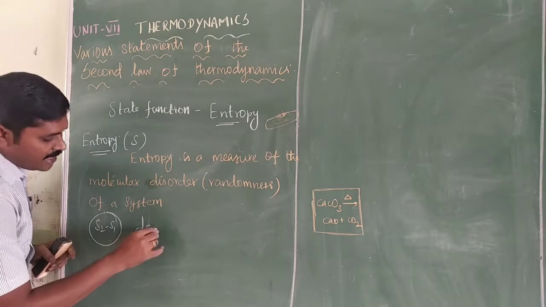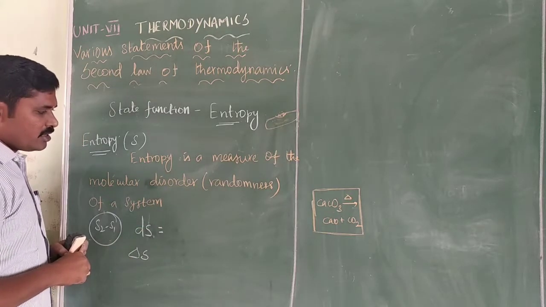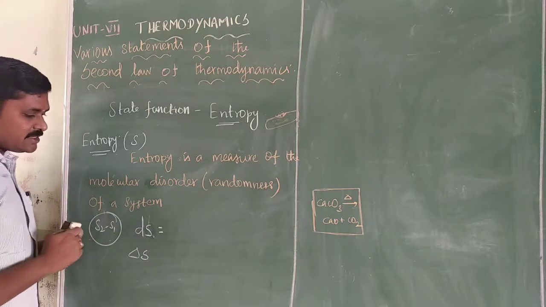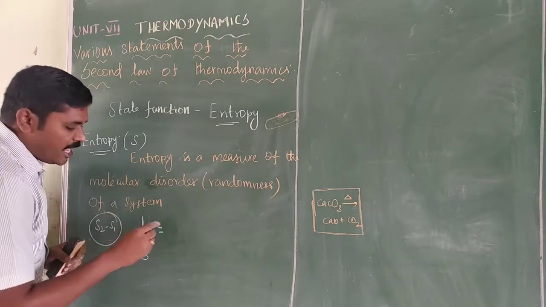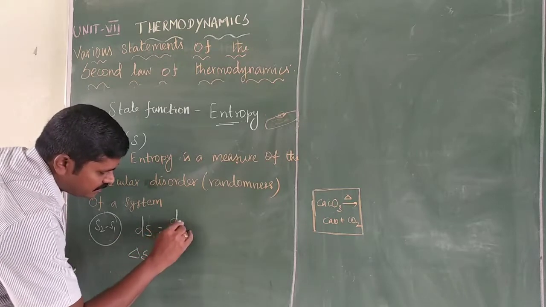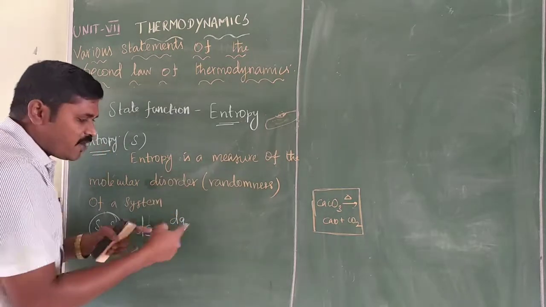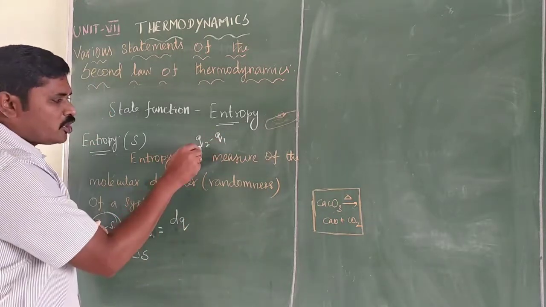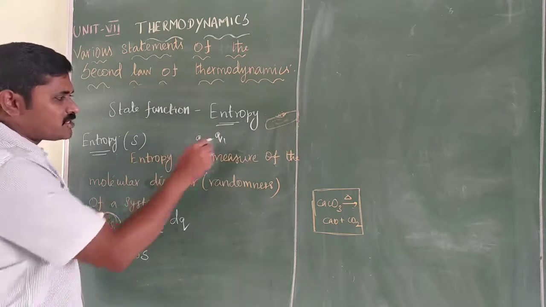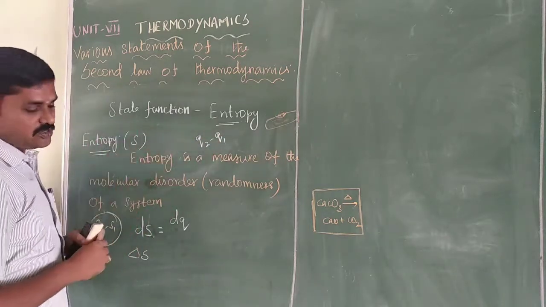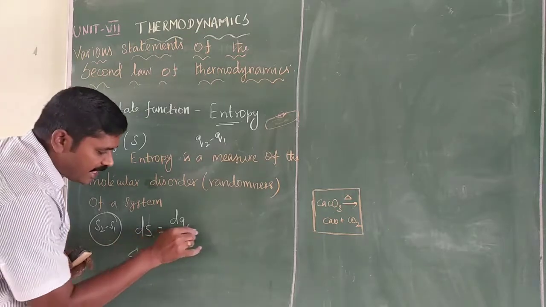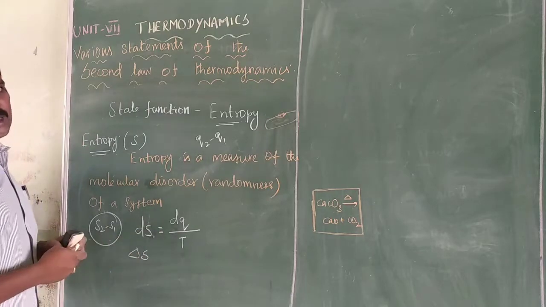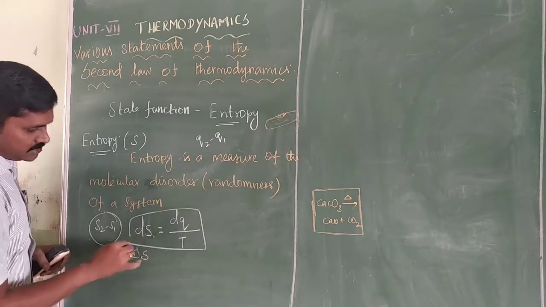The thermodynamic definition of the change of entropy is the ratio of the heat evolved, Q2 minus Q1, where Q2 is after the randomness and Q1 is before the randomness of heat energy, to the temperature of the process.